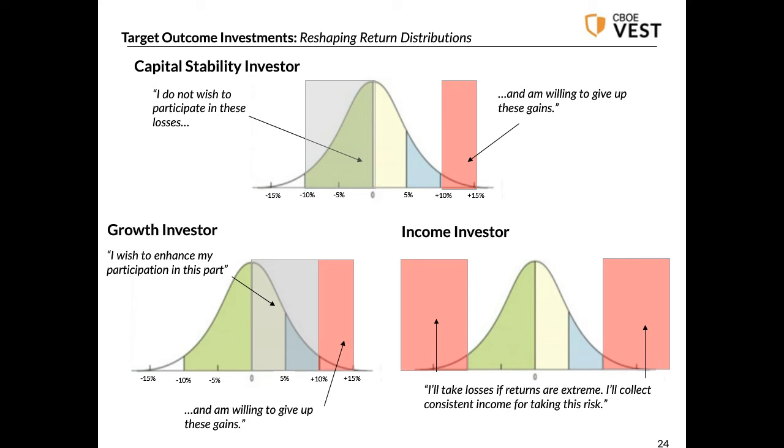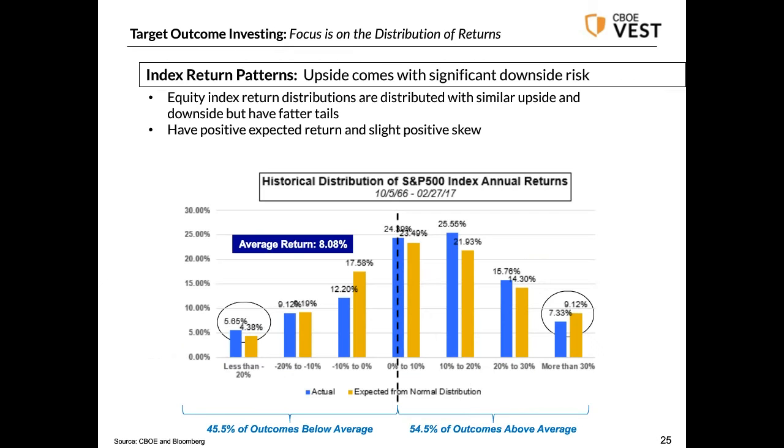Income investors would be really wanting a regular periodic income and would be willing to take some risk to get that income if the losses are limited, and they're limited potentially to returns outside of a range. I'm going to give you some examples of these as we go through the remainder of the webinar today.